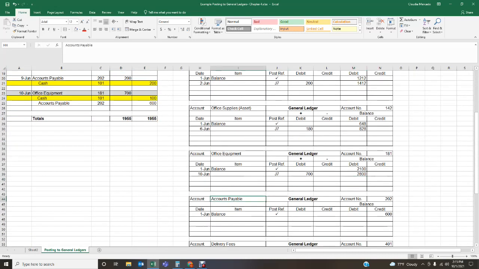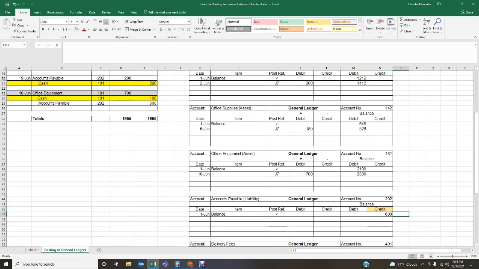Now we go to accounts payable. Office equipment is also an asset. Now we go to accounts payable. Accounts payable is a liability. This is money that we owe. The normal balance of a liability is a credit. Look at that right there. The normal balance of a liability is a credit.